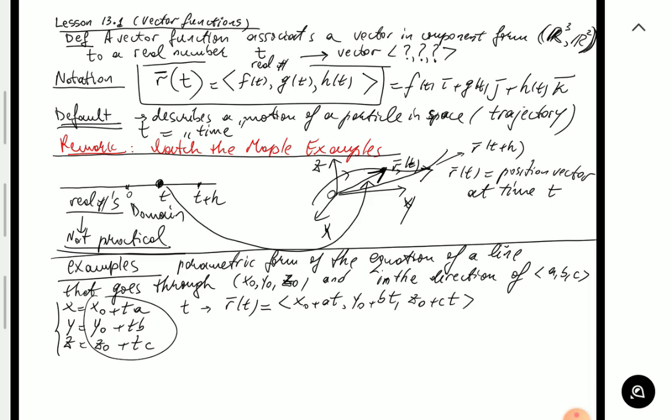And in this case, of course, t takes any real number. So the domain is all real numbers, right? Because it's an entire line, right? So if you have a line like that, each r of t indicates the position vector on that line as t varies.